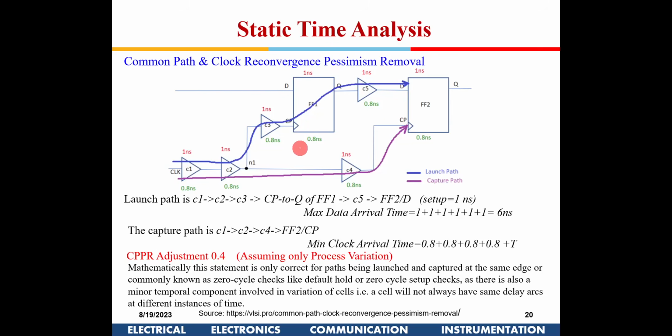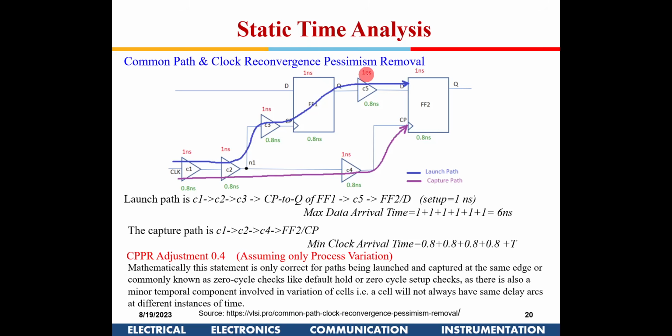Right, now let's consider this particular circuit. We said, okay, during computation of the launch path, we take this particular path. For a setup check, we take the max delay. So if it is 1 and 0.8, we take 1 nanosecond.